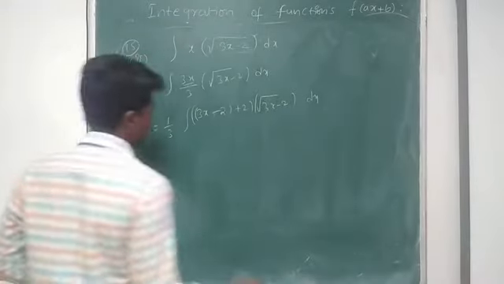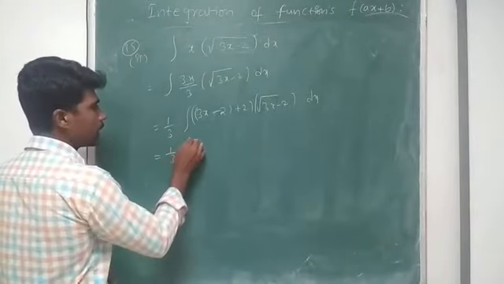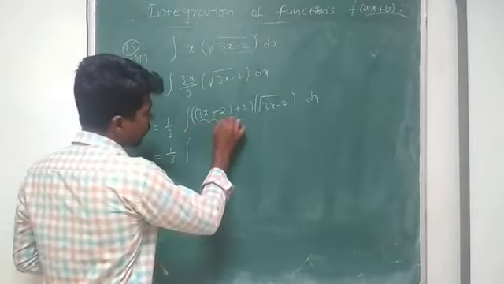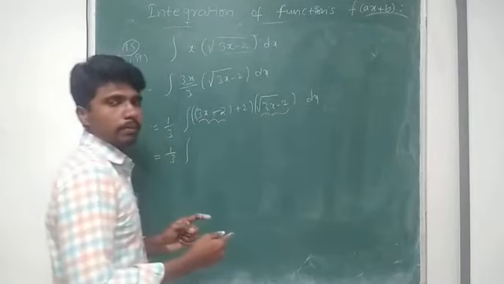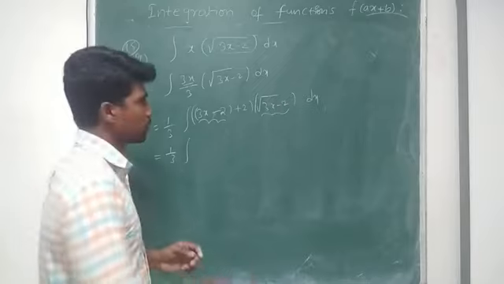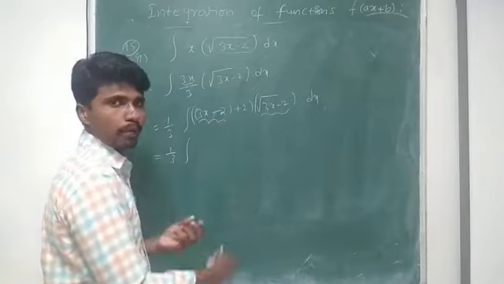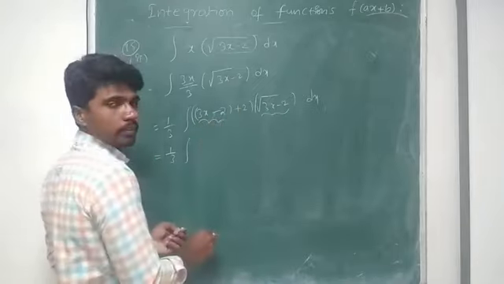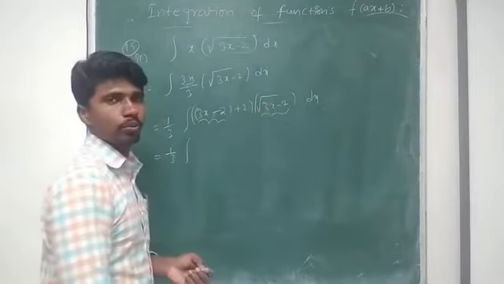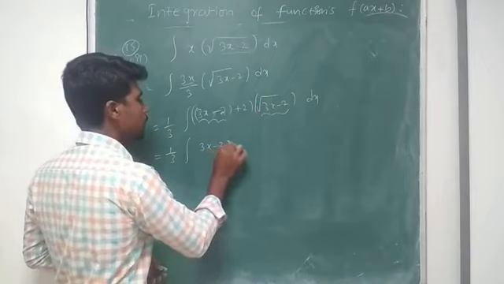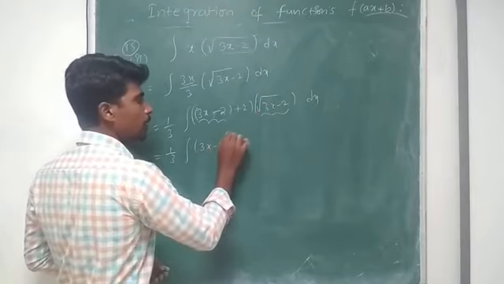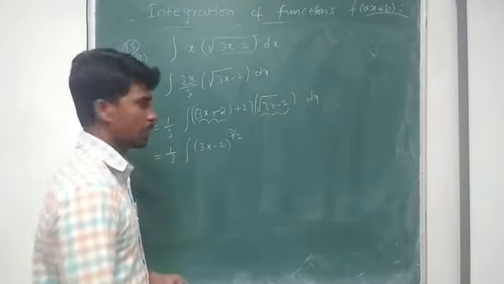So now I get 1 by 3 integral. Multiply this one and this: 3x minus 2 into 3x minus 2 under root. 3x minus 2 means its power is 1, so 3x minus 2 power 1 into power 1 by 2, which is nothing but 3x minus 2 power 1 plus 1 by 2, 3 by 2.